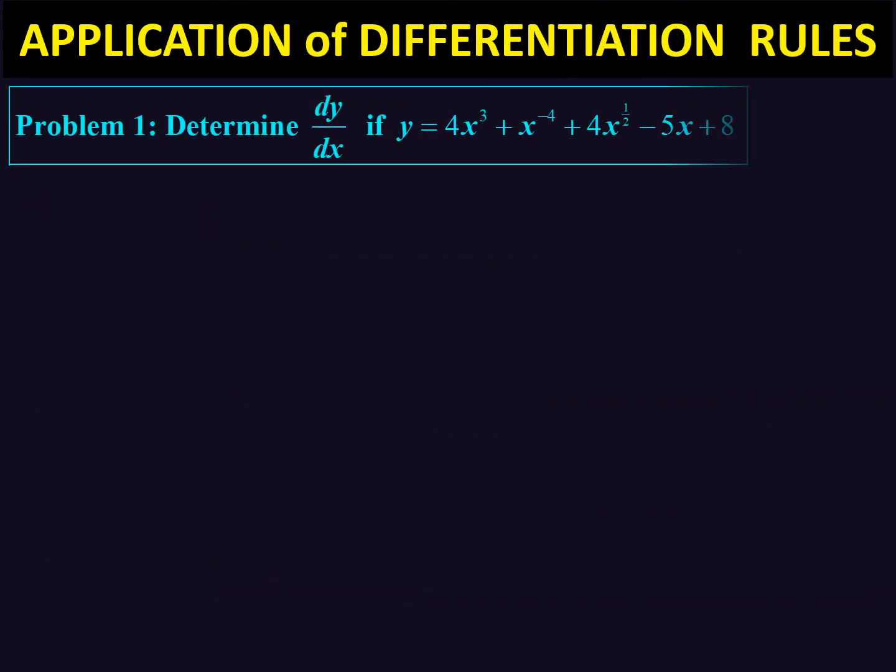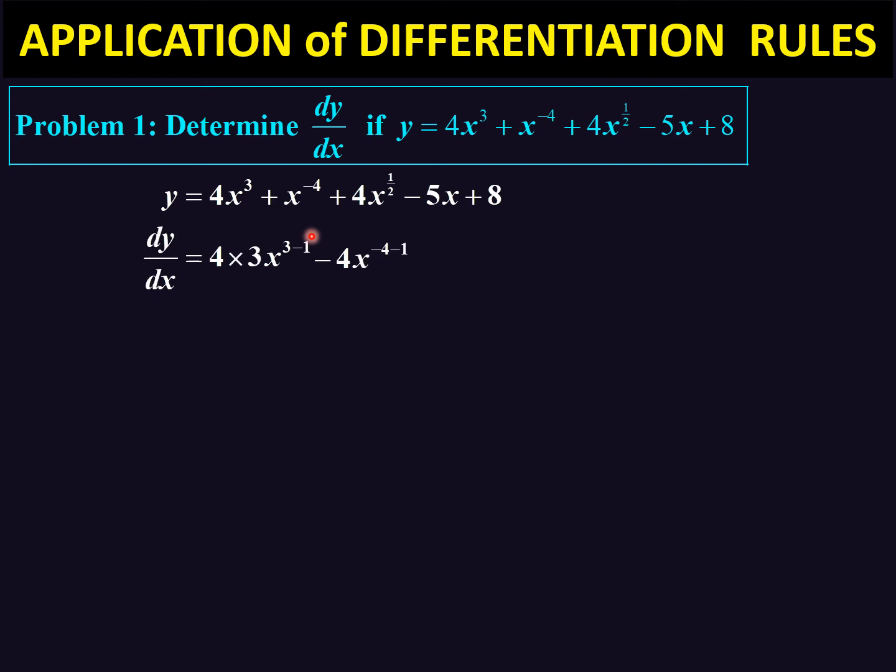Let's now take some examples. So you can see there I have 1, 2, 3, 4, 5 terms. This one here, to find the derivative of the first term, that should be quite easy. Try that. 3 times 4 is 12x squared. Negative 4x to the 4, negative 4 subtract 1.